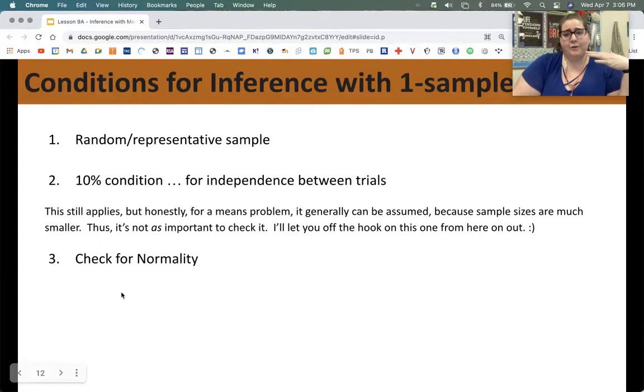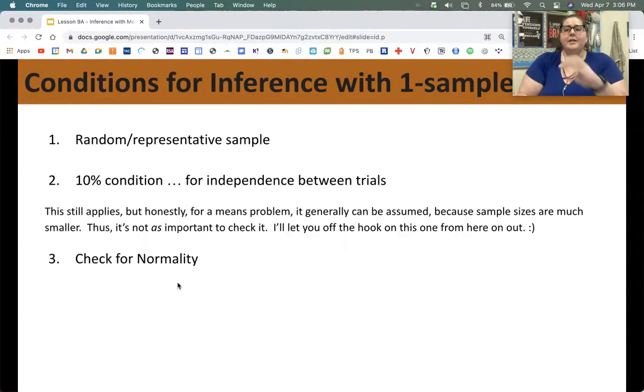This goes back to, if you remember from sampling distributions, the central limit theorem. In regards to shape, it said that even if our population distribution is not normal, the sampling distribution would be roughly normal as long as our sample size is big enough, which is typically around 30. So that's where this check for normality is coming from.